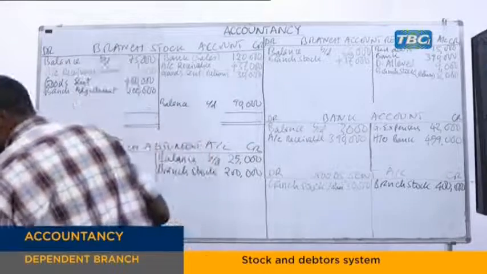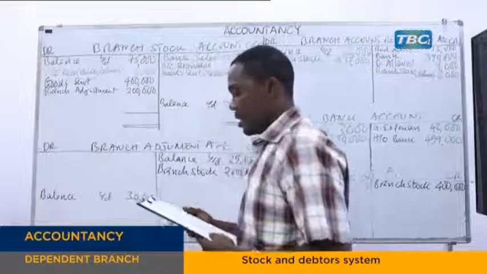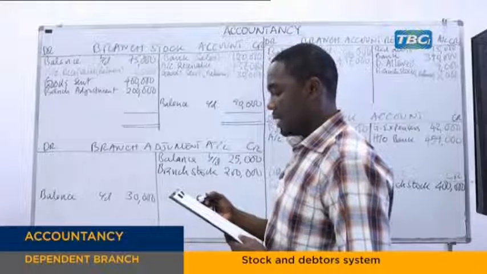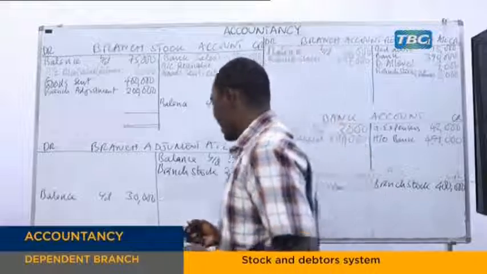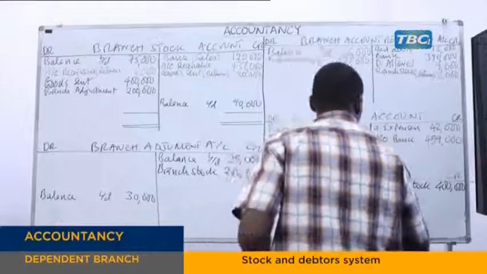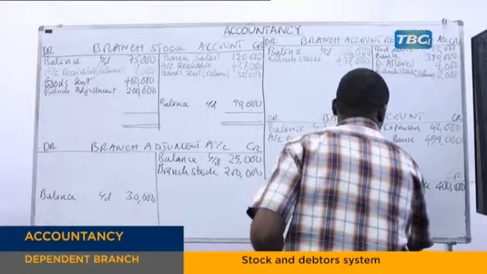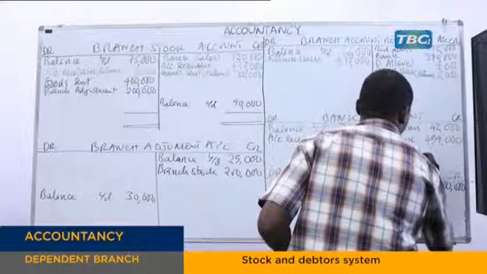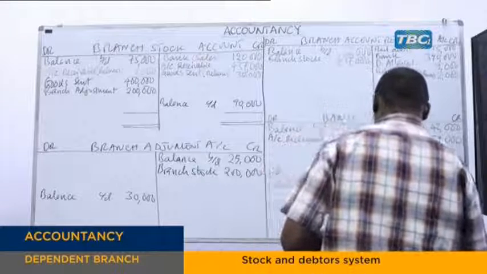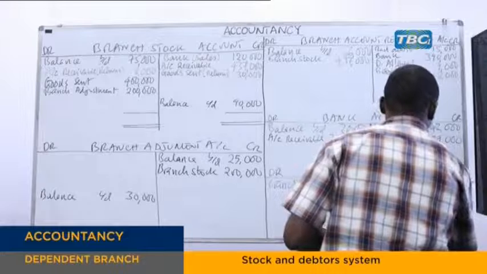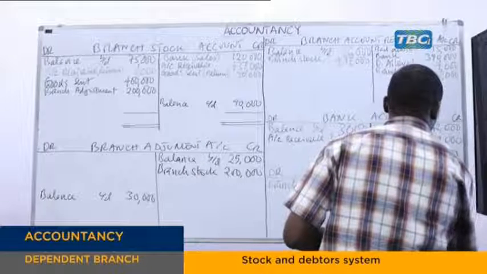What next? We have ending balance for bank 12,000. That is balance c/d, positive, yes, 12,000.